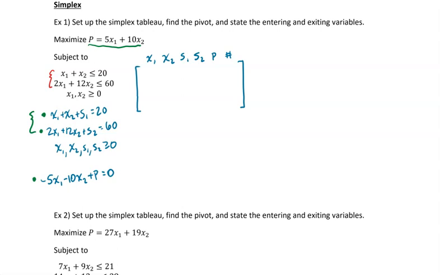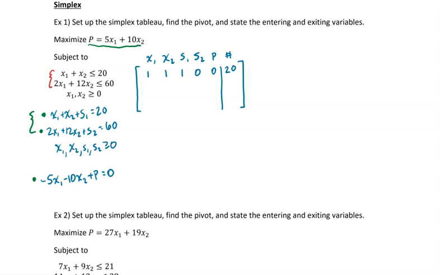So how many x1s do we have there? 1. How many x2s? 1. How many s1s? 1. How many s2s? 0. No p's either. Then we're going to put a line, and the 20 is on the other side of the equals. So just like setting up an augmented matrix.